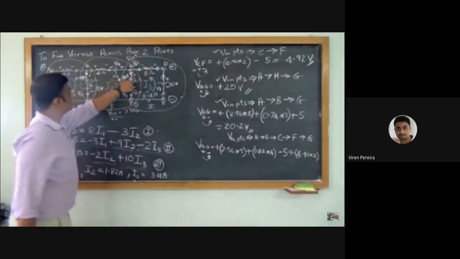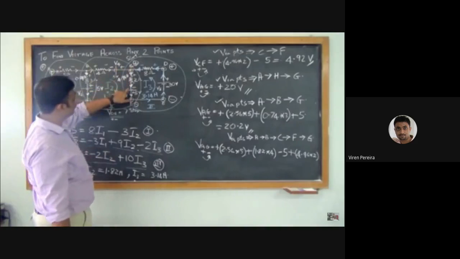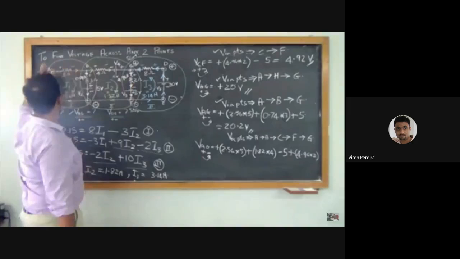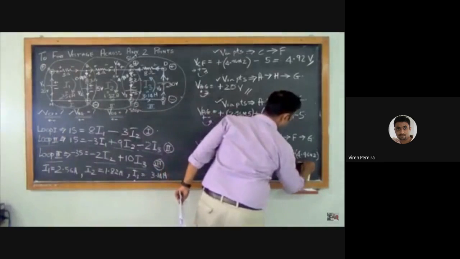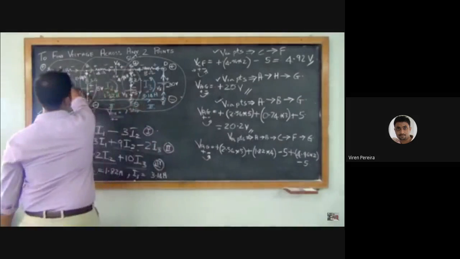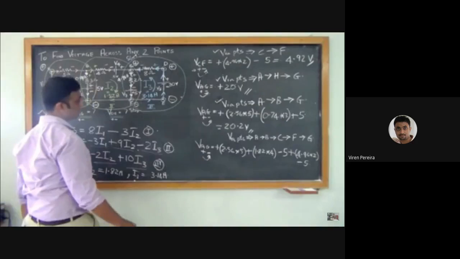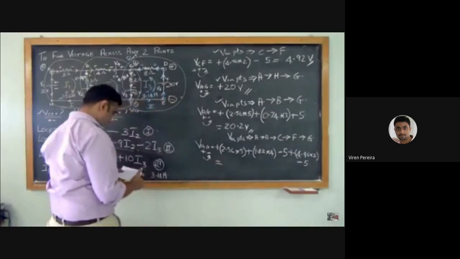So after my 2 ohm resistor, I have my 5 volts. Now the first terminal of the 5 volts is negative. Positive into negative gives me negative. So minus 5. Positive into negative, negative.